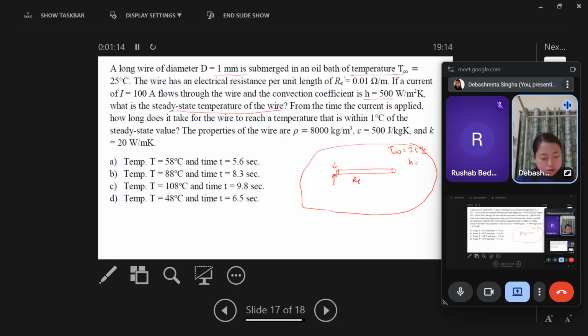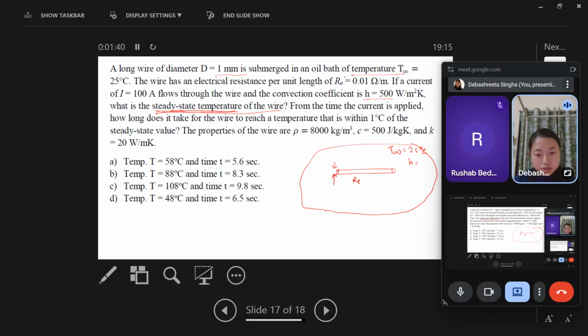Okay, so first of all, how do we proceed? Again, this is a case of lumped system. To find out the steady state temperature, we need to equate. When does this steady state come?